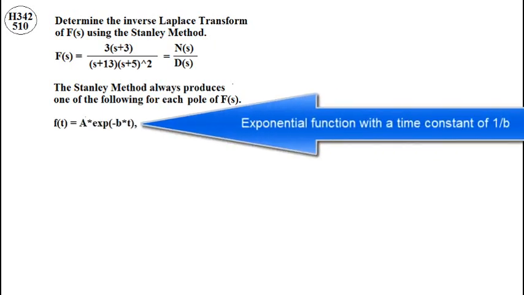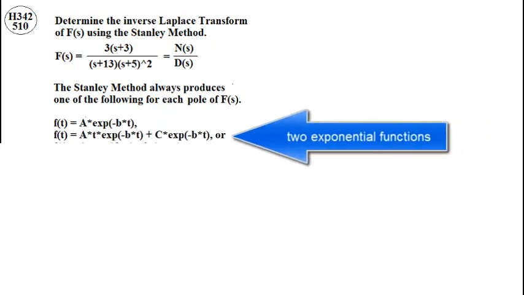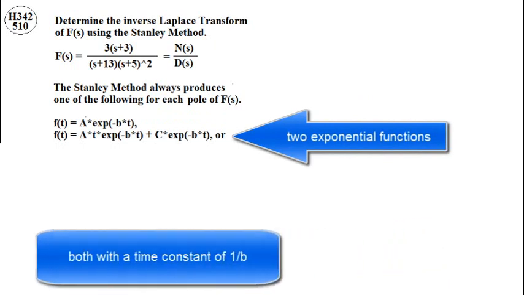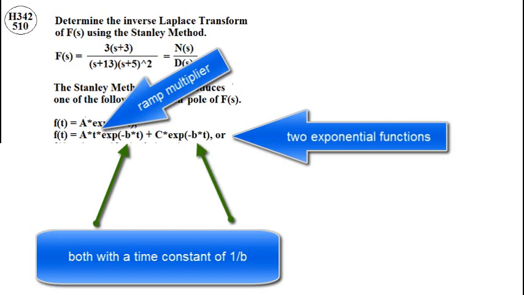It could be an exponential function with a time constant of 1 over b. It could be two exponential functions, each one with a time constant of 1 over b, and one has a ramp multiplier.